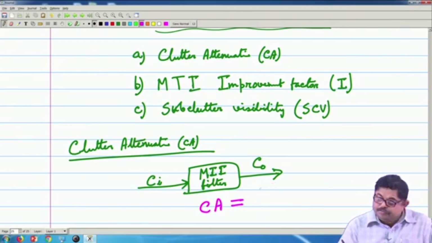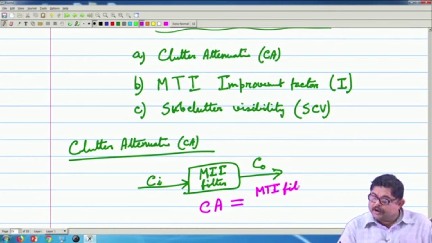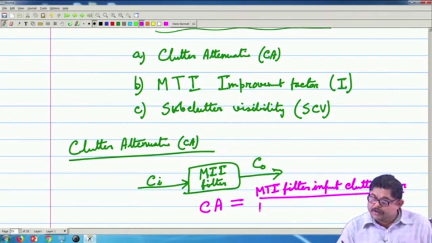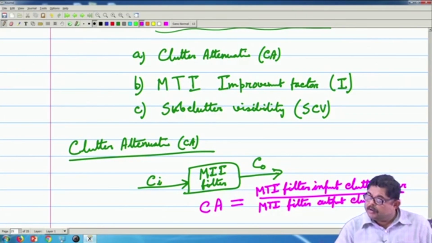So, I can say that MTI filter input clutter power divided by MTI filter output clutter power.